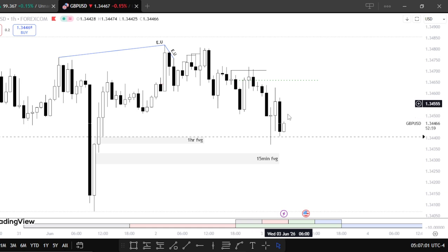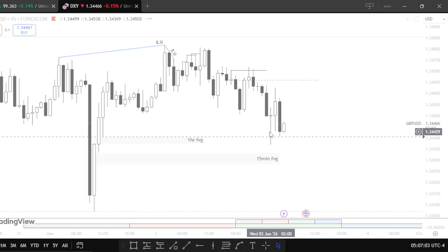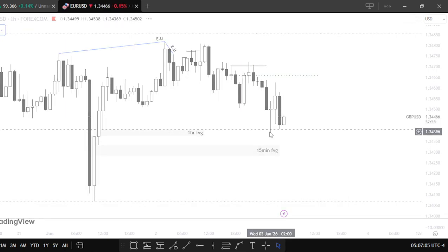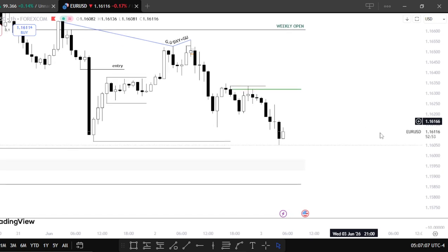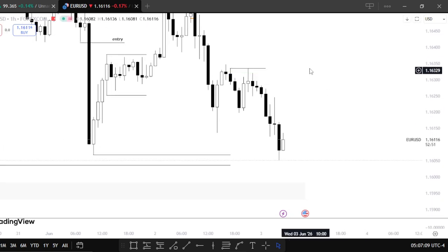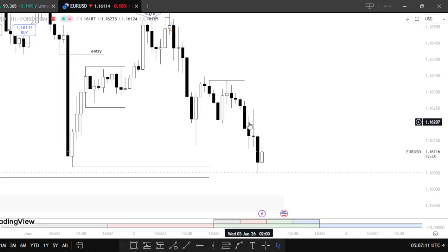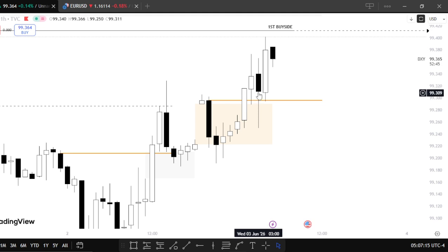Yeah, this is nonsense. That's what I hate. GBPUSD, okay. Remove this here. This is 2, 3 a.m. This is 3 a.m. We rebalanced the same FVG here.